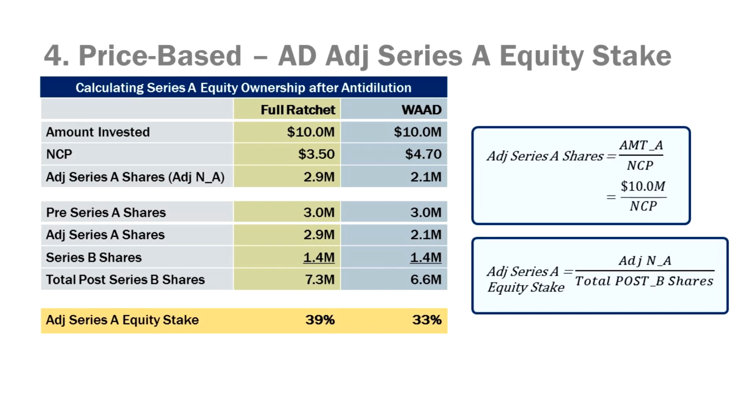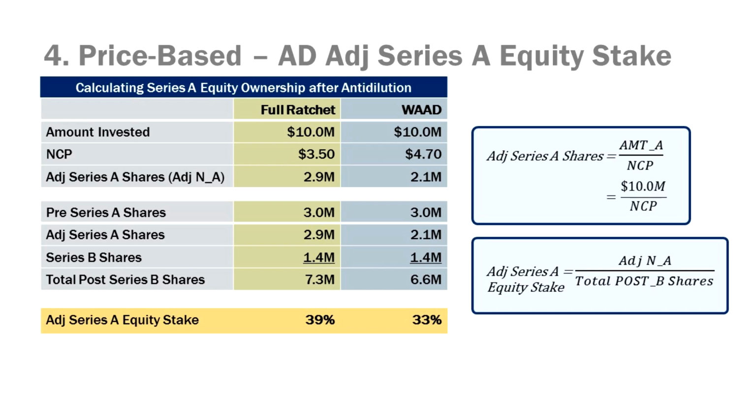Notice here that because the new money raised in the round B is relatively small, $5 million, in relation to the value of old money, or $25 million, the conversion price under weighted average is not much lower than the original $5 per share.